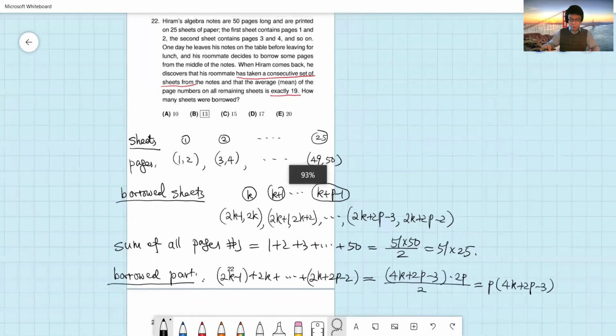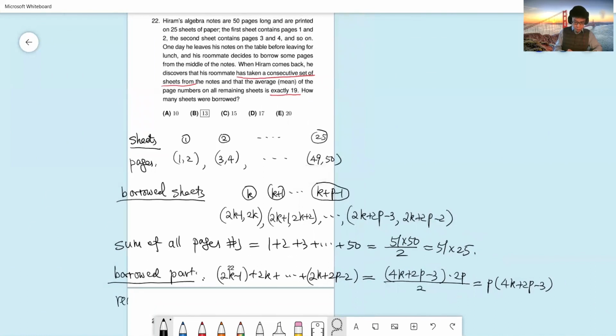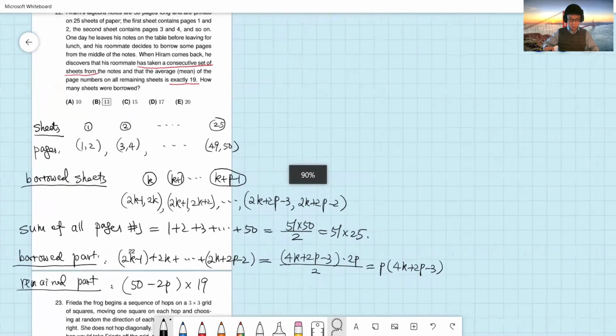And then the remaining part. For the remaining part, we know the mean value. So we have totally 50 minus 2p pages remaining, and the average is 19. Then we have the equation as follows.